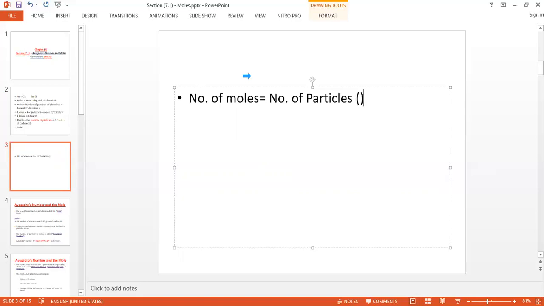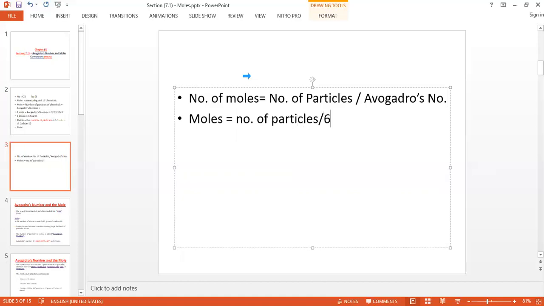And I've mentioned before that particles include atoms, ions, or whatsoever in a chemical, so we'll generalize it as number of particles. And we will divide the number of particles by Avogadro's number.